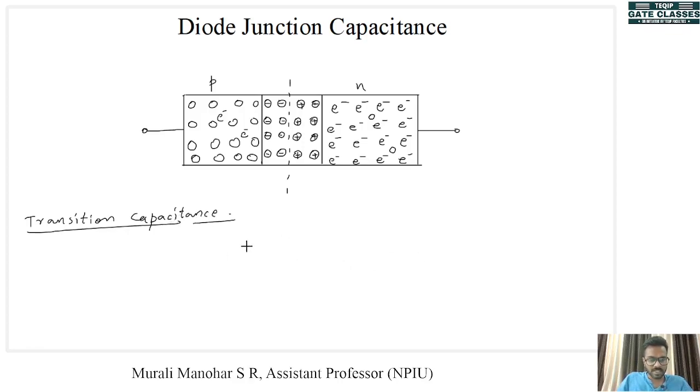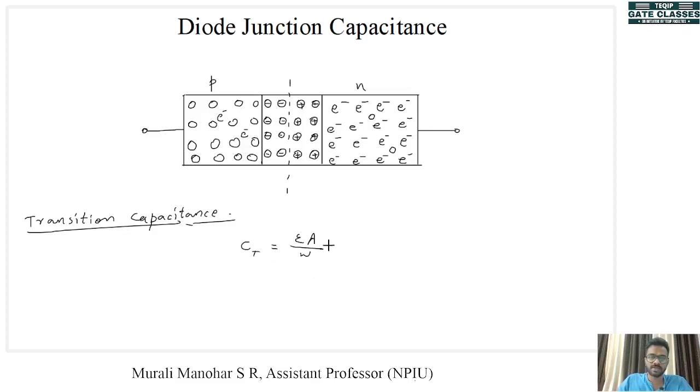And this capacitance is given by Ct equal to epsilon A divided by W, where A is the area of the junction and W is the width of the junction. Now this W, which is the width of this transition region, is a function of the applied reverse voltage.